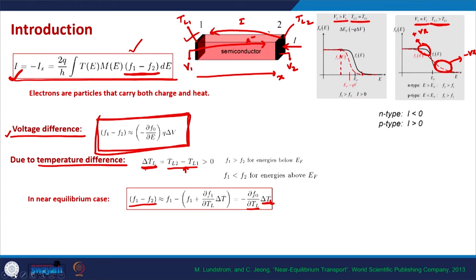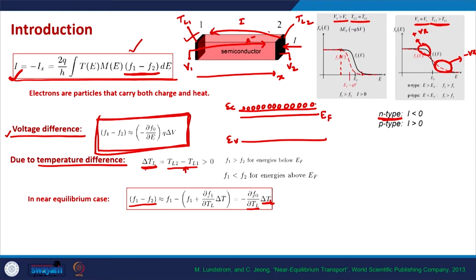So, what we can say here is that for an n-type conductor, if this semiconductor is an n-type material, it means that the current conduction happens in the conduction band. So, in an n-type material, this is the conduction band, this is the valence band edge, and the Fermi level is close to the conduction band, and most of the conduction happens in the conduction band, above the Fermi level.